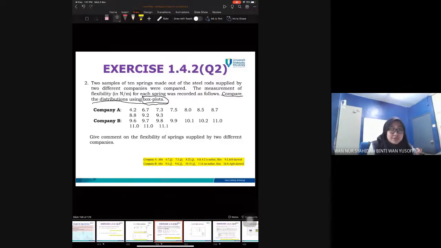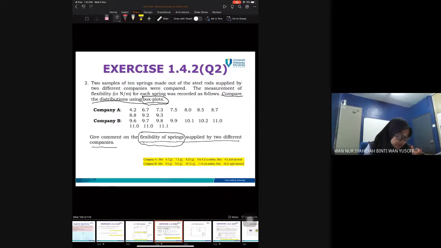It doesn't matter whether you use the x axis or y axis, those 2 box plots must be on the same axis. It cannot be on separate axes. If separated, then it is not comparing. After you plot, give comment on the flexibility of the springs supplied by the 2 different companies. The keyword here is flexibility.